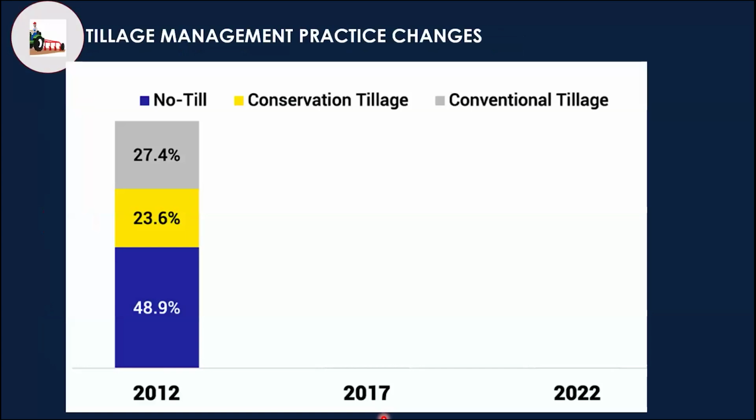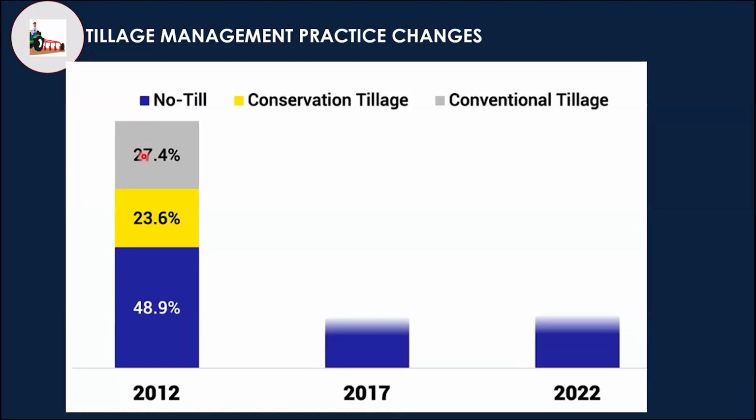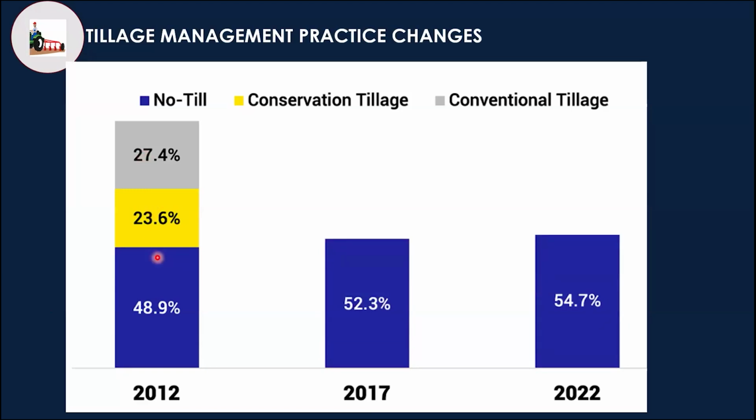If we look at our tillage management practice changes, in 2012 we're around 50% no-till, 23% conservation, and 27% conventional tillage. We move that to 2017 to 2022. In tillage, we went from 48 to about 54%, about a 5.8% increase in percentage of area that is no-till.